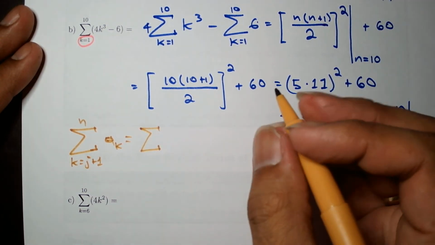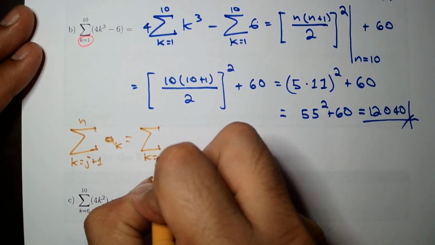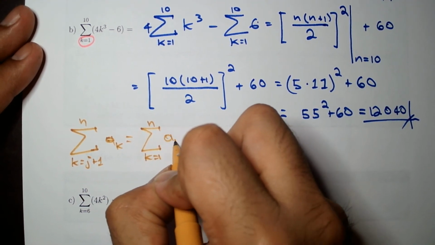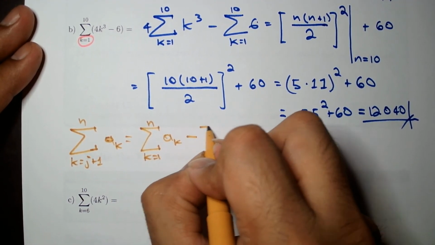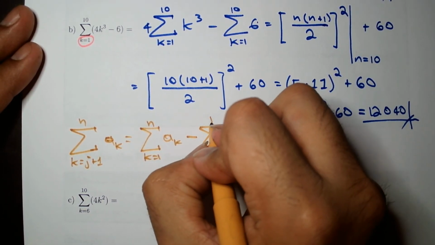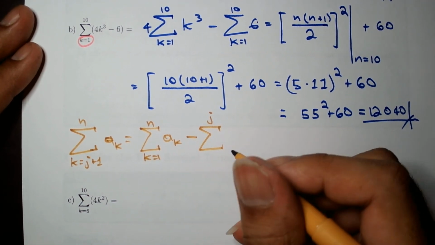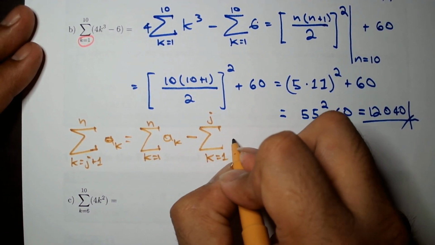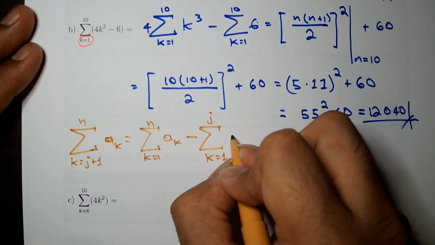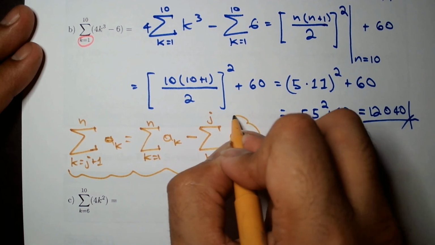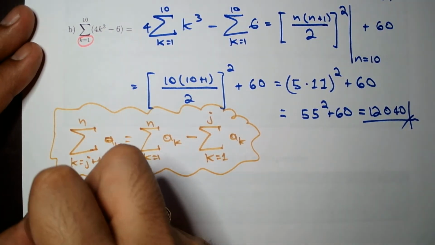That's the sum from k equals 1 to n, which is what we want to obtain, but we subtract the sum from k equals 1 to j. Alright, so we're going to use this formula right here.